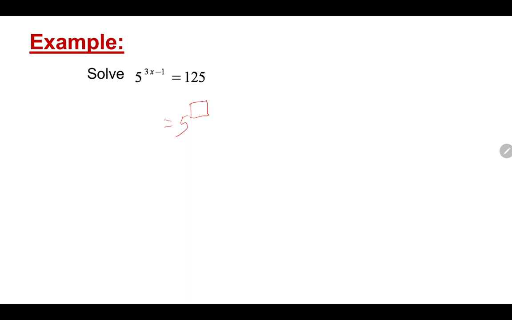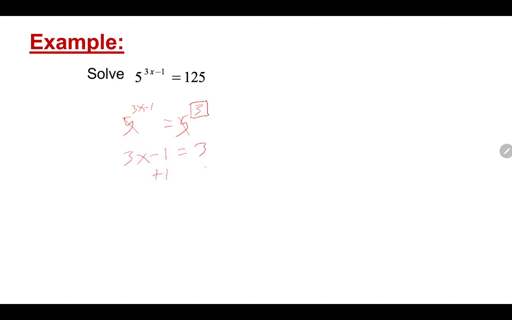So 5 squared is 25, but 25 times 5 is actually 125. So this is equal to 3. This is equal to 3x minus 1. Now that the bases are the same, this is equivalent to basically the bases canceling each other out. They're filtering off. So we have 3x minus 1 is equal to 3.